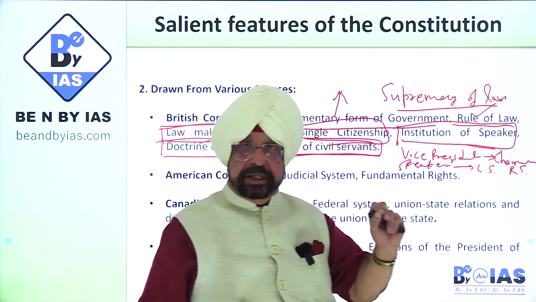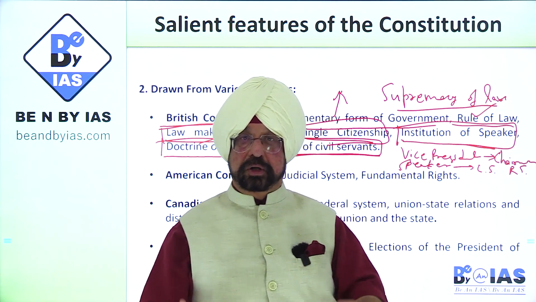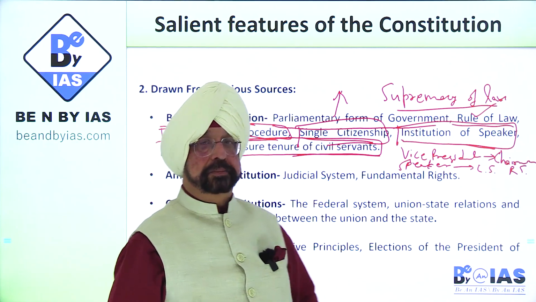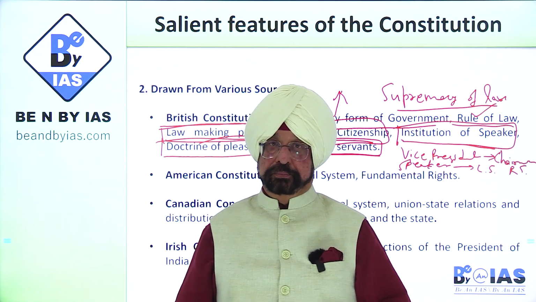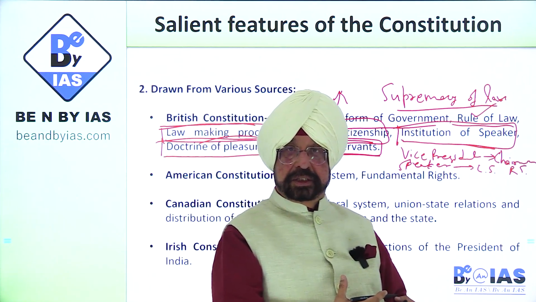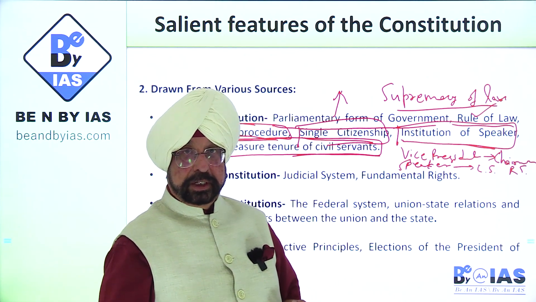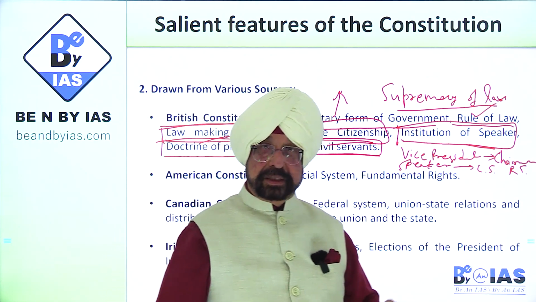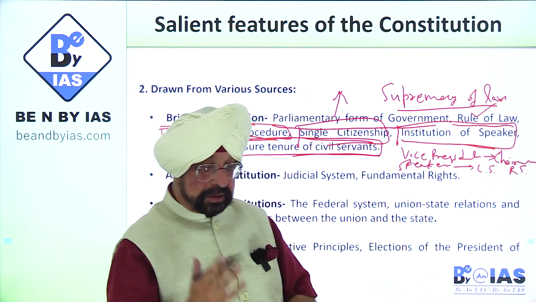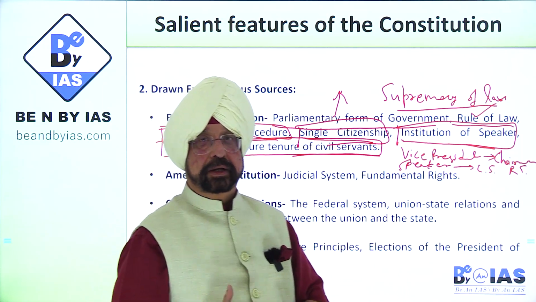Pleasure of the president, that is, as long as the president wants, or in simpler terms, the government wants. So, as long as that pleasure is there, the civil servant will continue. Once that pleasure is removed or stopped, the person will not be eligible to hold that office.